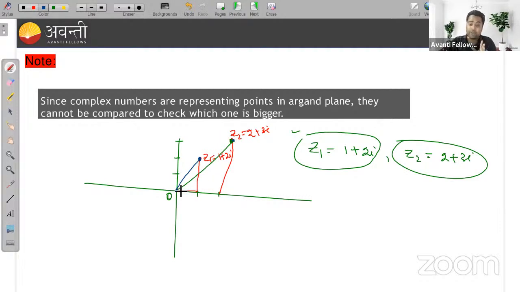Or we can say z2 is situated at a place farther from the origin than z1. Is that clear to everyone?